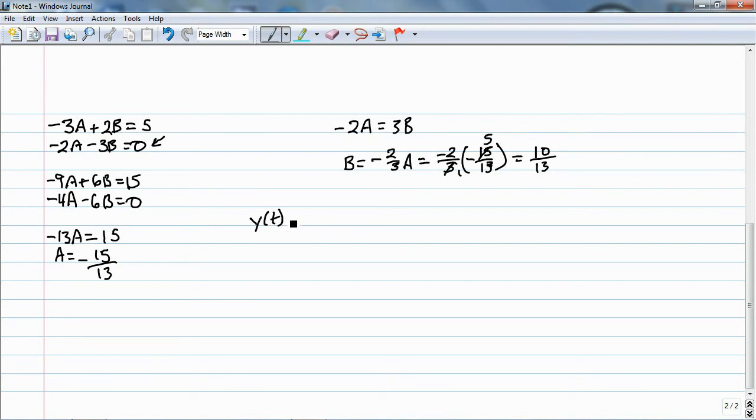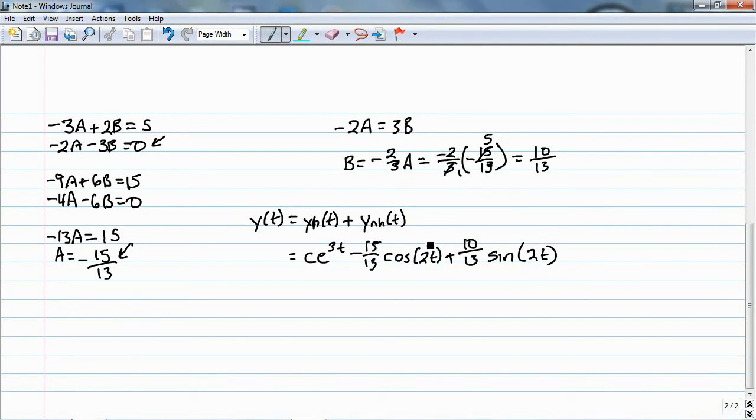Y of t is equal to my homogeneous solution plus my non-homogeneous solution, and that's going to be equal to C e to the 3t minus my A constant, 15, so it's minus 15/13 cosine 2t, plus 10/13 sine of 2t. This is the complete solution.